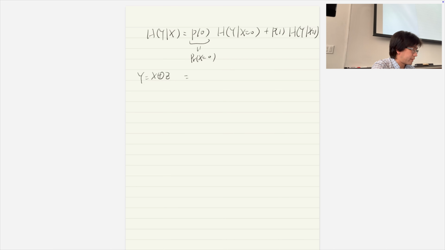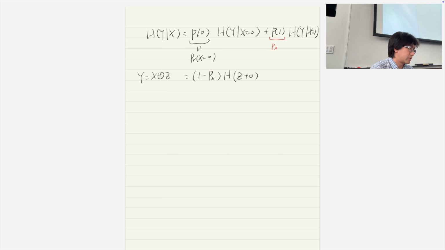Maybe let's introduce a new notation here. Let's denote the probability that x equals 1 as px, and then the first term p0 is 1 minus px. If x is equal to 0, then y will basically equal z plus 0, so it's the entropy of z.